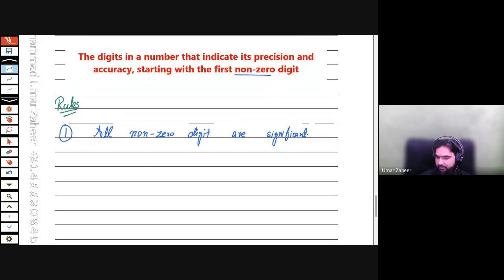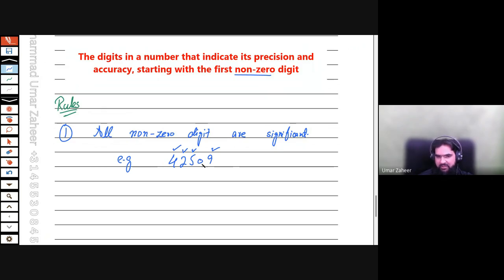For example, the examiner gives you the number 42509 and asks how many significant figures we have. 4 is non-zero, so it is significant. 2 is non-zero, significant. 5 is non-zero, significant. 9 is non-zero, significant. So till now, I'm pretty sure we have four significant figures.